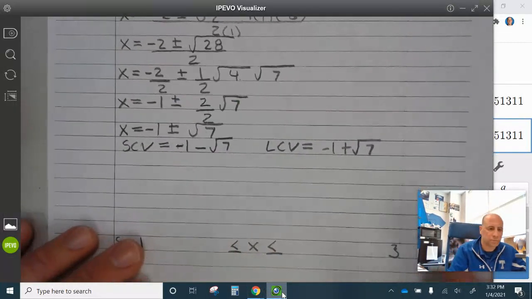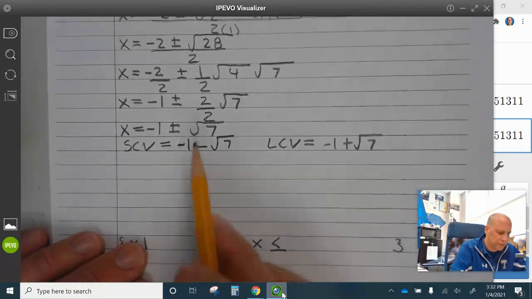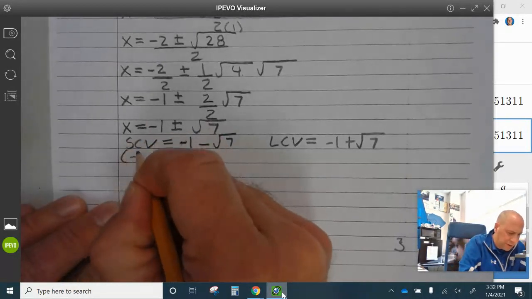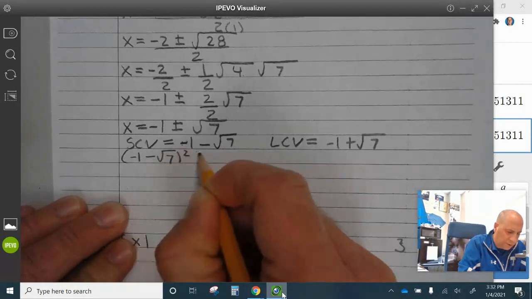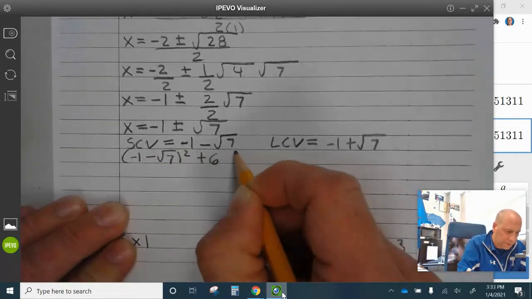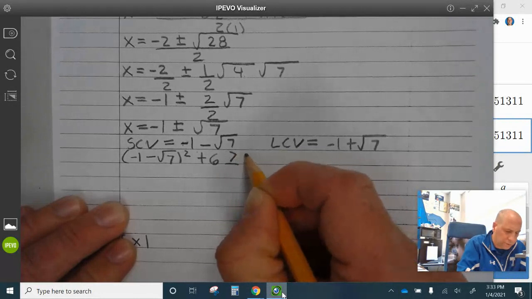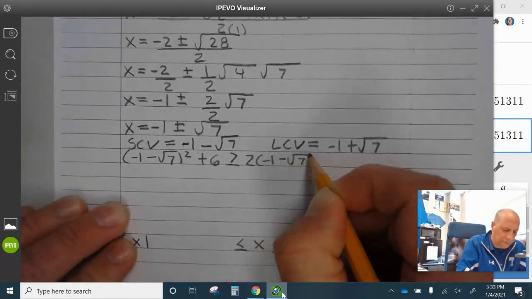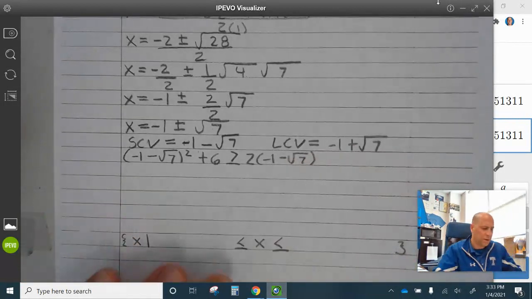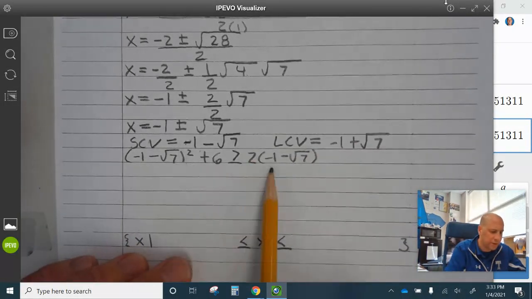Okay, so now we need to plug this in. So that's parentheses negative 1 minus the square root of 7 squared plus 6 greater than or equal to 2 times negative 1 minus the square root of 7. Okay, so we're going to need to do the left side, then do the right side.